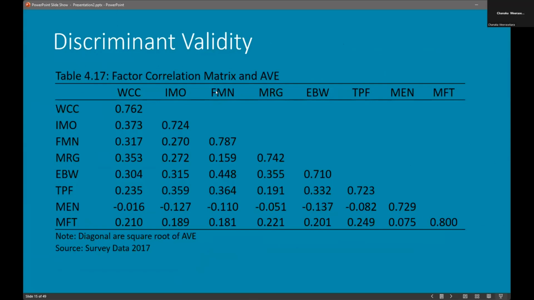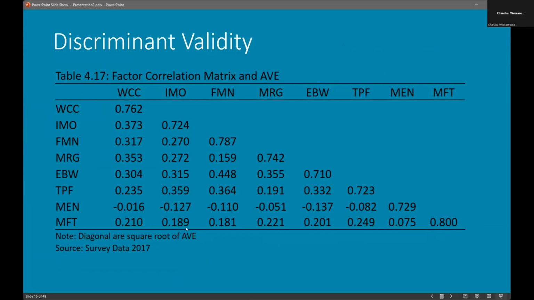as I mentioned here, you can present a correlation matrix and AVE. In the diagonal, you can see all these values should be the AVE, average variance extracted, that we calculated, and all the other values are correlation values. You can see in the footnote that diagonals are square rooted AVE.